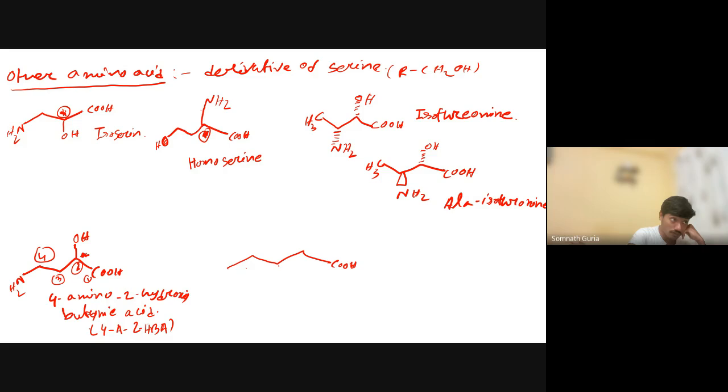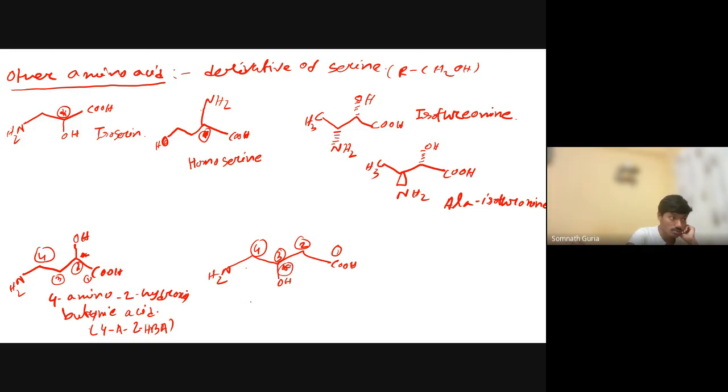In the third position, we have the OH group at carbon number 3. So this is carbon 1, 2, 3, 4, and this is the chiral center.